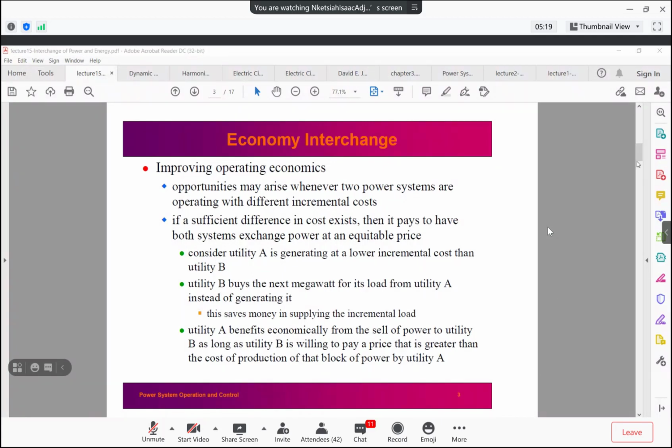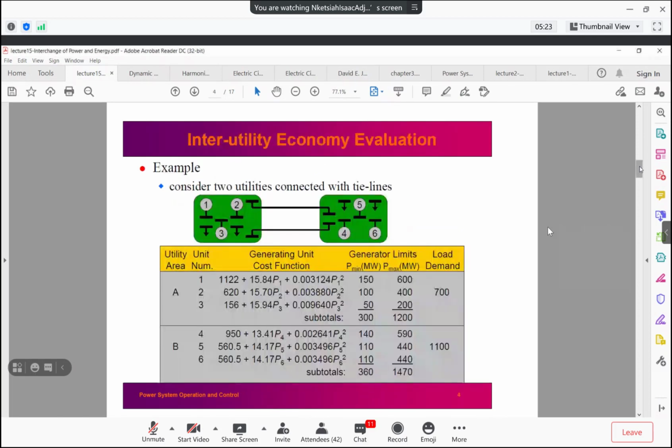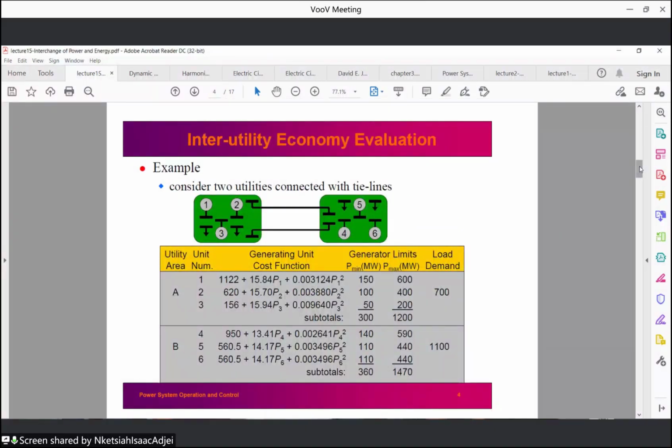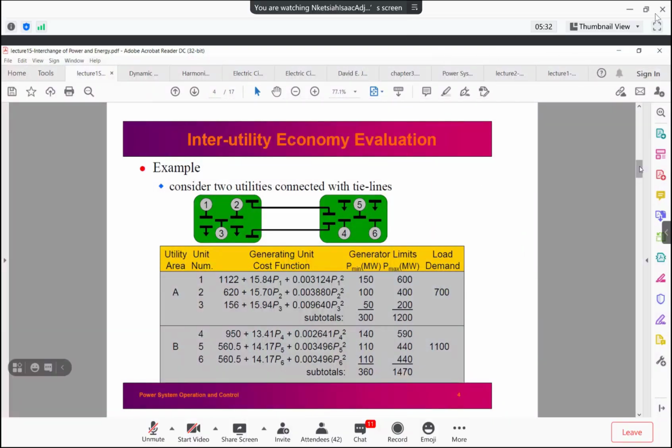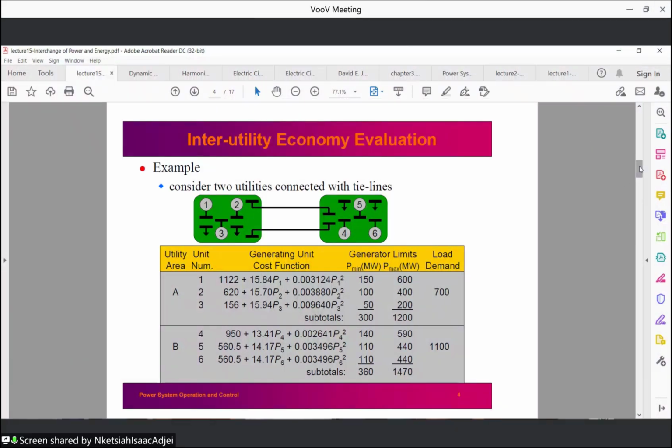If we look at the two utilities you've been given, utility A and utility B, under each circumstance we need to find the power at which it is being operated, because we have the minimum power and the maximum power. So we need to find the exact power at which each utility is operated.